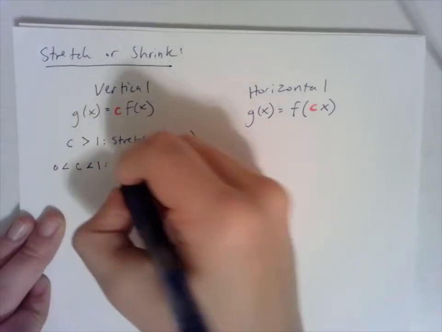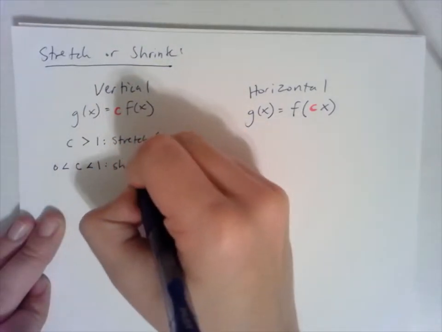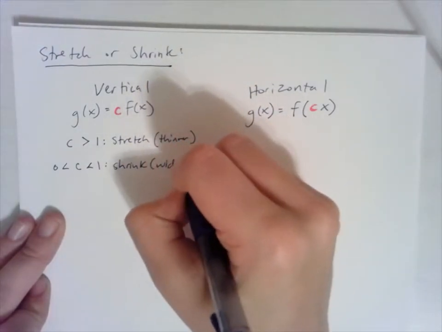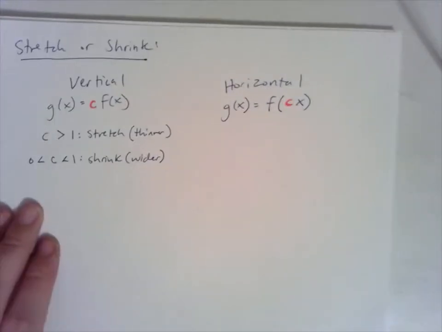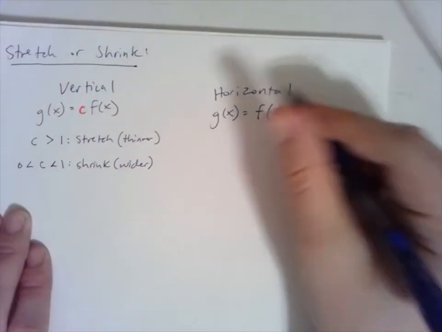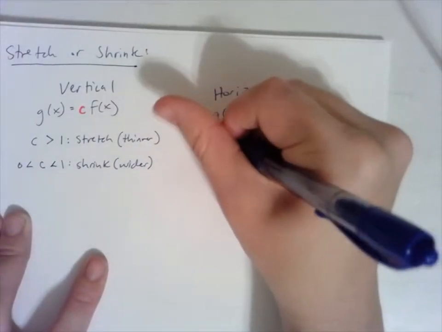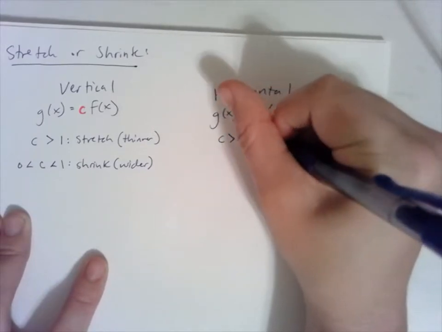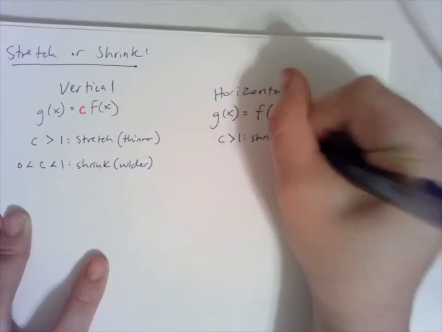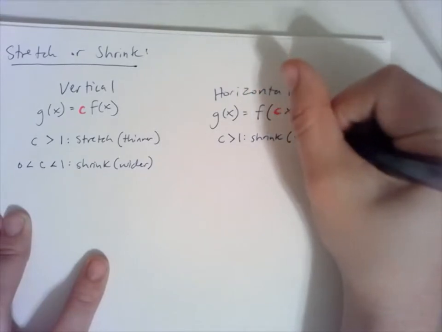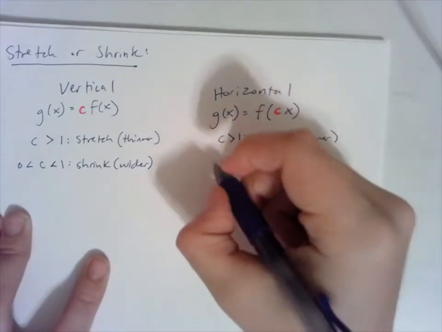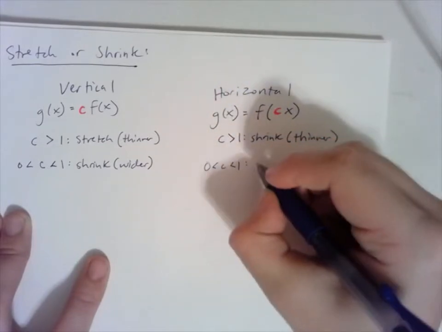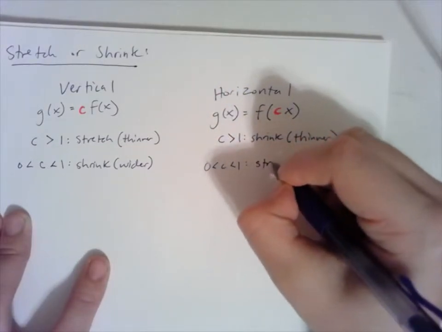And that means that your graph gets wider. For horizontal, when c is greater than 1, you have the opposite. You have a shrink, which means your graph looks like it's getting thinner. And then when c is between 0 and 1, you have a stretch, which makes it look like your graph is getting wider.